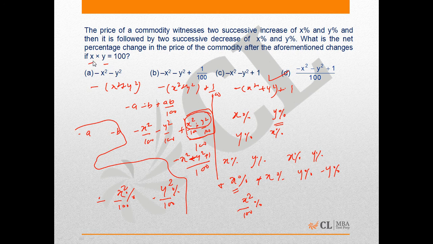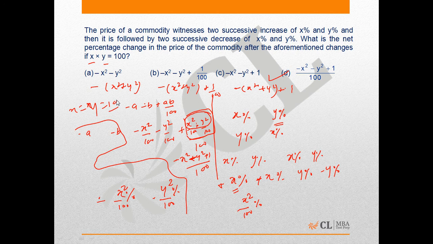In this case, when x and y are equal, their values will be equal to 10, and in option A the percentage decrease will be 100%, that is the reduction in the price of the commodity will make the price of the commodity 0.